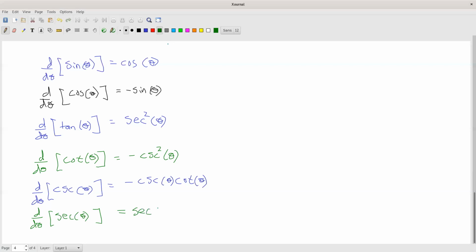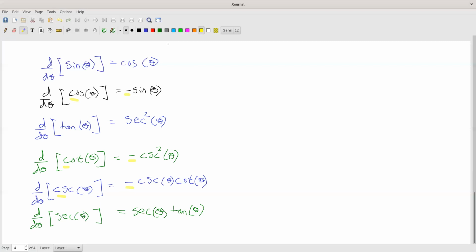You should see some patterns here. So at least 3 patterns jump out at me here. Pattern number 1, I think, is of some importance, is that anytime you take a derivative of a cofunction, cosine, cotangent, and cosecant, you get a negative.